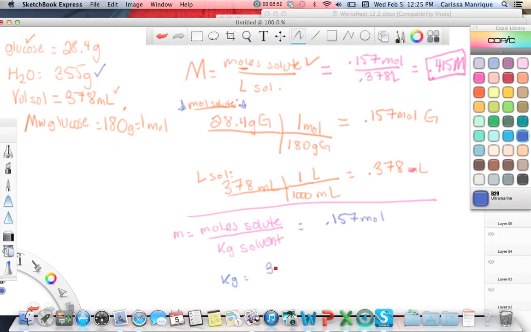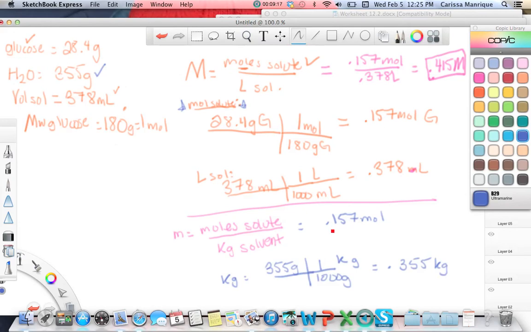So we're going to put 355 grams. Grams at the bottom, kilograms on top. So they cancel. How many grams in 1 kilogram? 1,000. So if I divide 355 by 1,000, I'm going to get 0.355 kilograms.